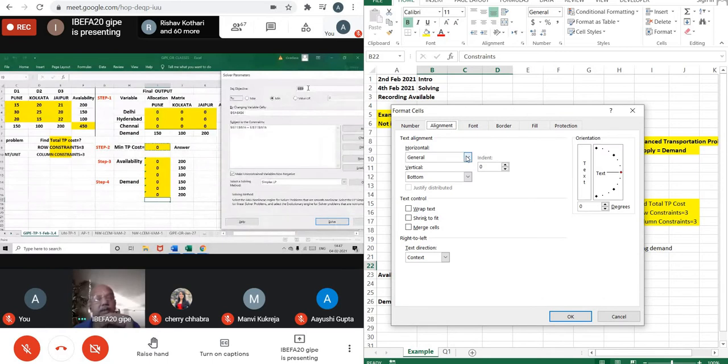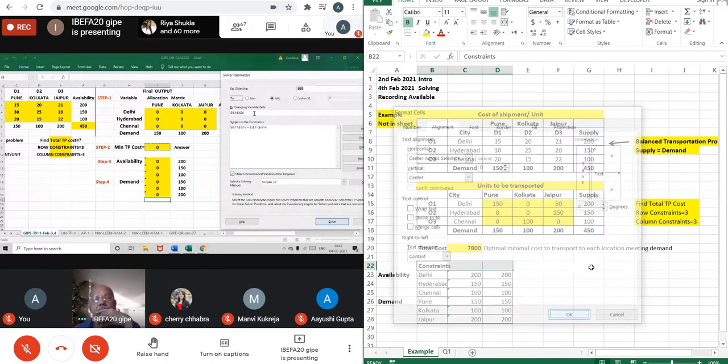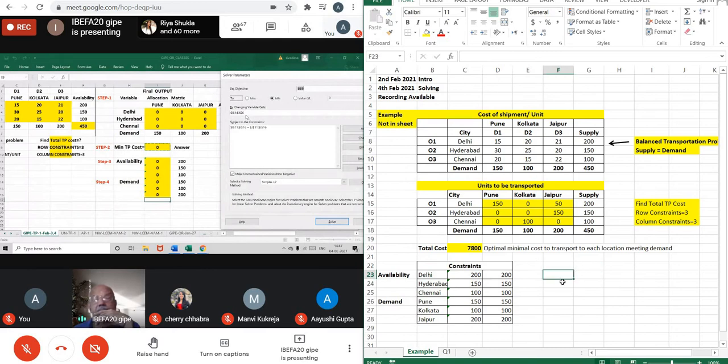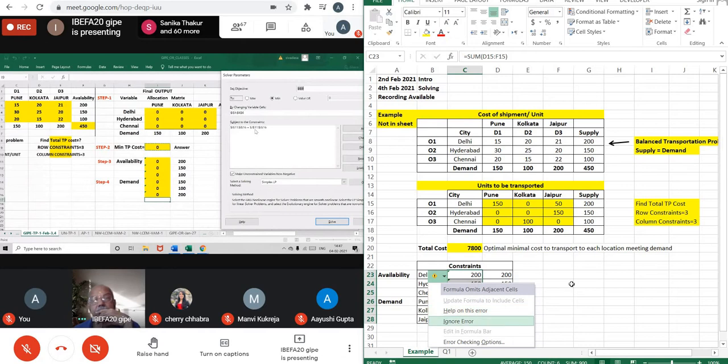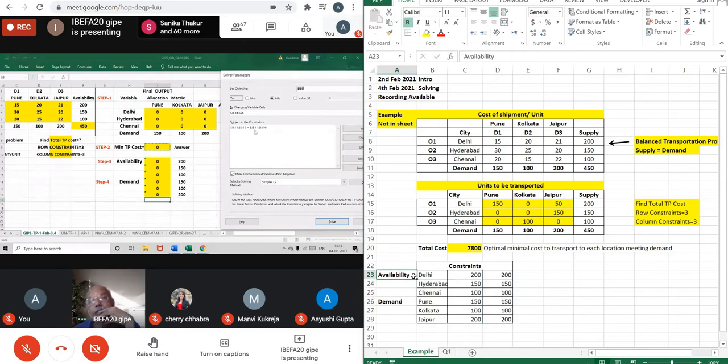Objective function, minimum; range of the variable, that means allocation matrix; and constraint. Solve it.